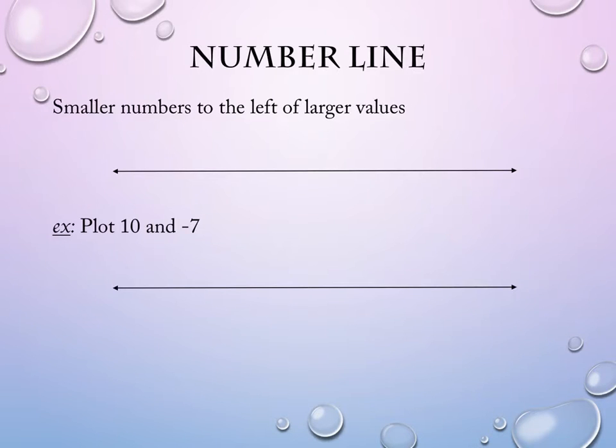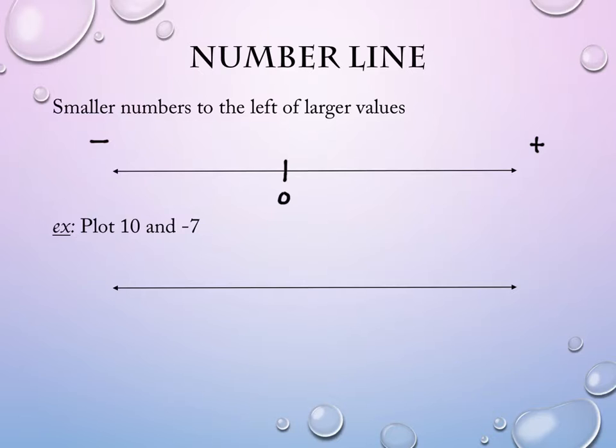So with number lines, the smaller numbers are always on the left, the bigger numbers on the right. We talked about number lines last time. But in particular, our negatives are going to be on the left if we go far enough, and positives on the right. So if we're taking a look at the numbers positive 10 and negative 7, we would usually put 0 somewhere in between.